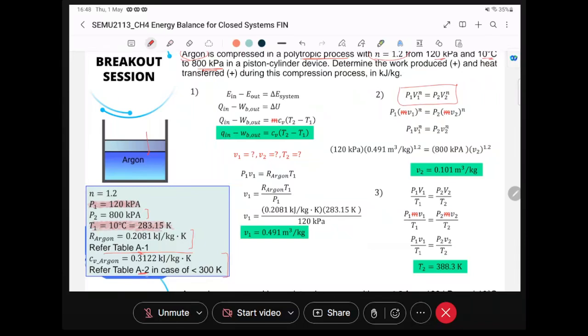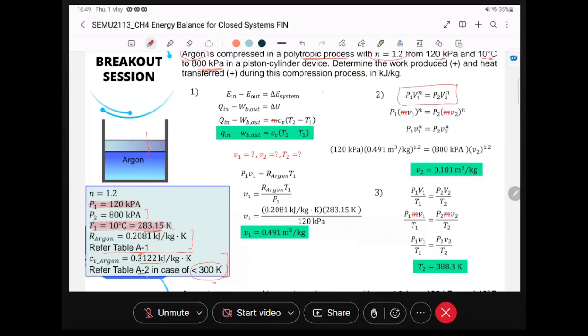The gas constant is constant as long as it's argon, doesn't matter the temperature or pressure. But for CV, it's given in a range of temperature. So under 300 Kelvin, which this case is, the CV is this value.